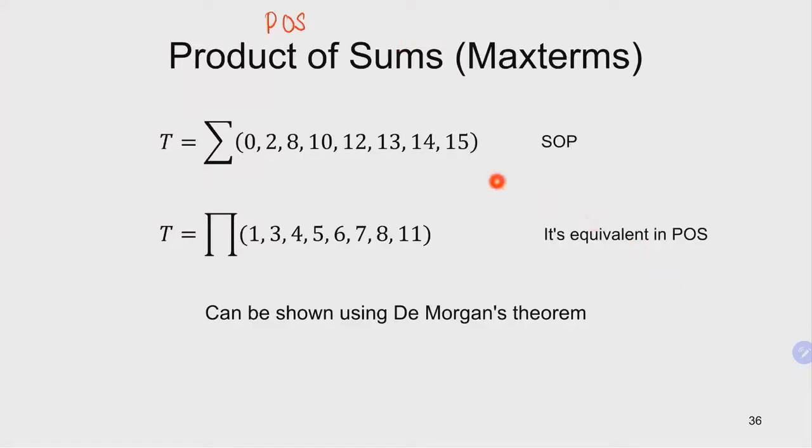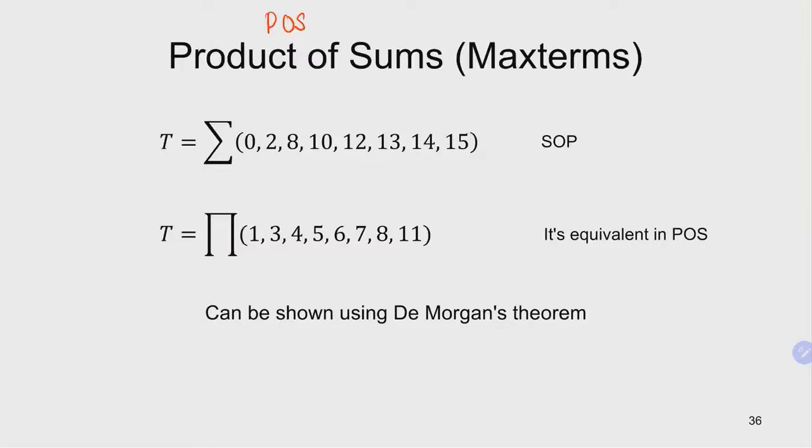So the equivalence of these functions, in a sum of products, we have 0, 2, 8, 10, 12, and so forth. So we're summing all these minterms. The equivalence of that in the products of sum will be the products of the max terms of the missing terms here in the sum of products.